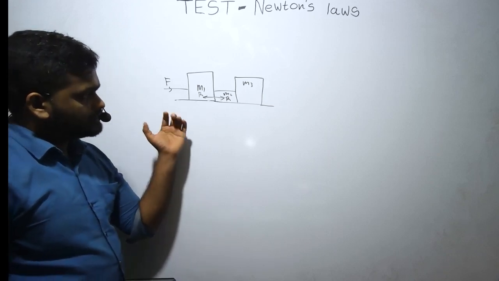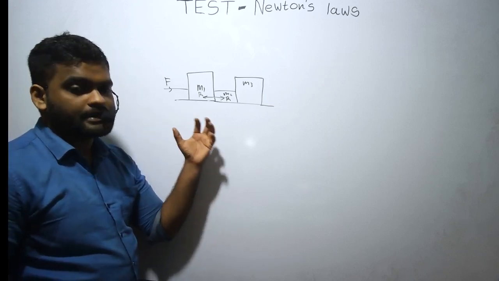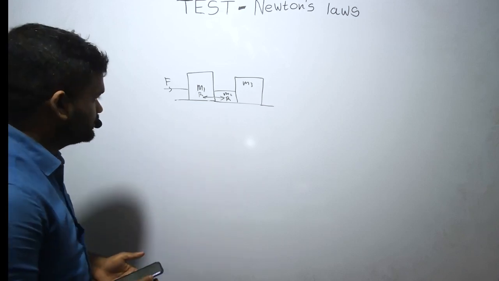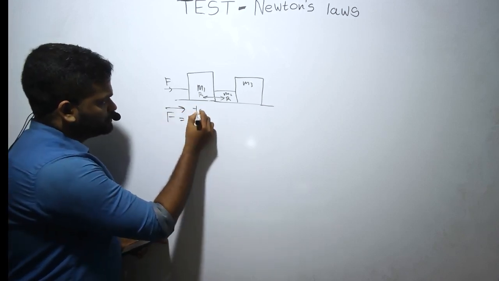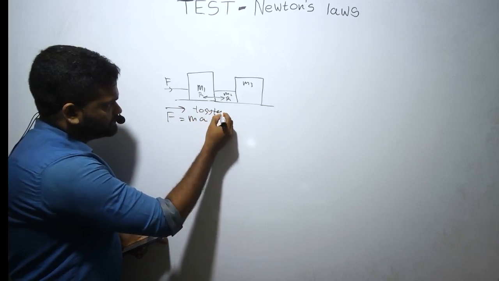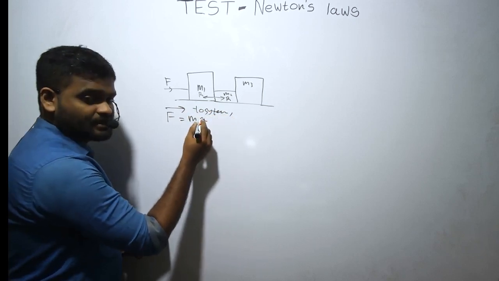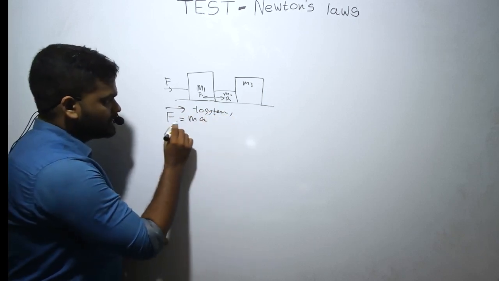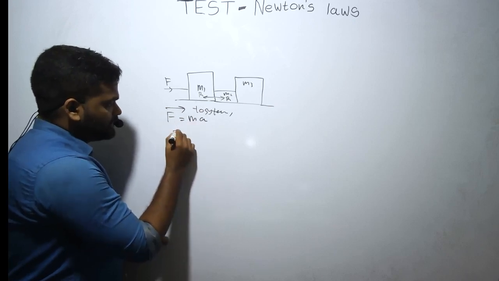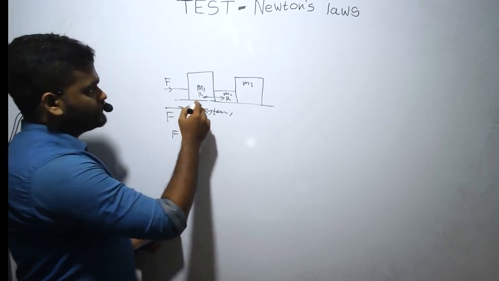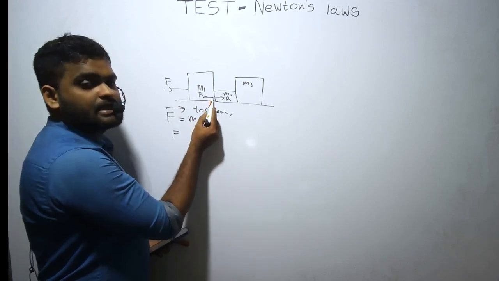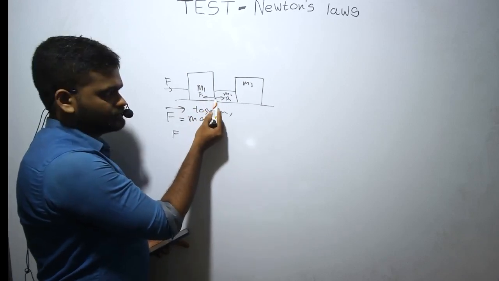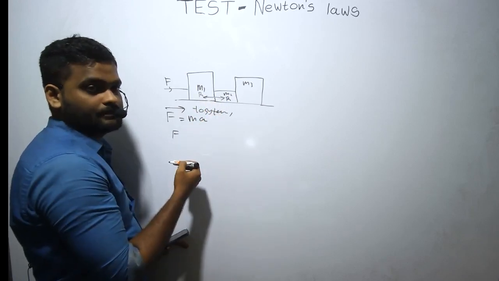So same as before, you first have to find the acceleration of the system. That's what we did for all the cases, right? You apply F equals ma to the system. When you consider the whole system, these forces become internal forces. These two cancel off, right?